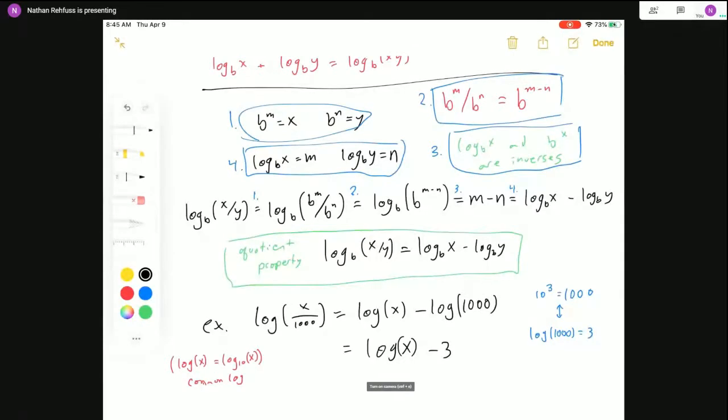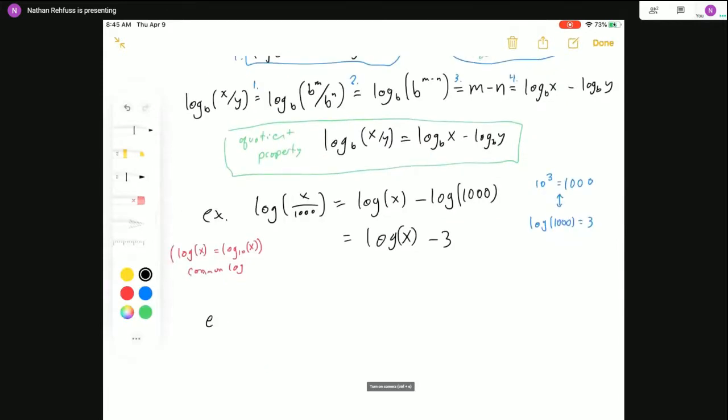What else can I say? Here's a second example. These examples I'm doing are going to be very similar to your homework and very similar to the test work you do. If I said natural log of e divided by 12, of course I can rewrite that as natural log of e minus natural log of 12.